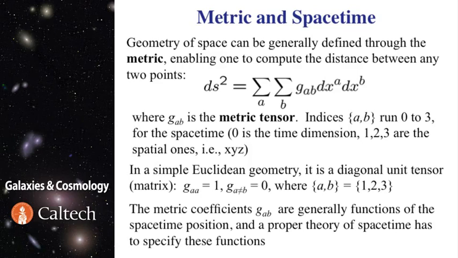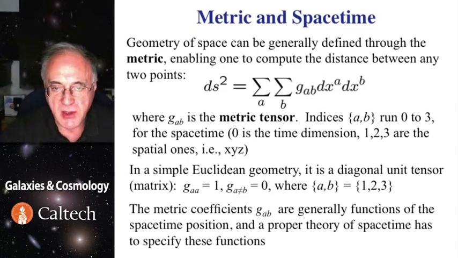So these coefficients are the metric tensor, and its indices in four-dimensional space-time run from 0 to 3. 0 is the time, 1, 2, and 3 are the usual spatial x, y, z dimensions. This is a matrix, 4 by 4, or tensor, if you're familiar with that.